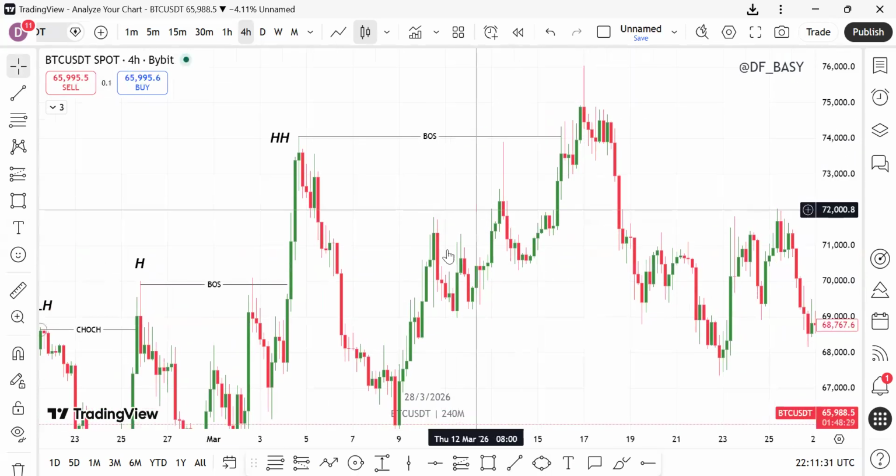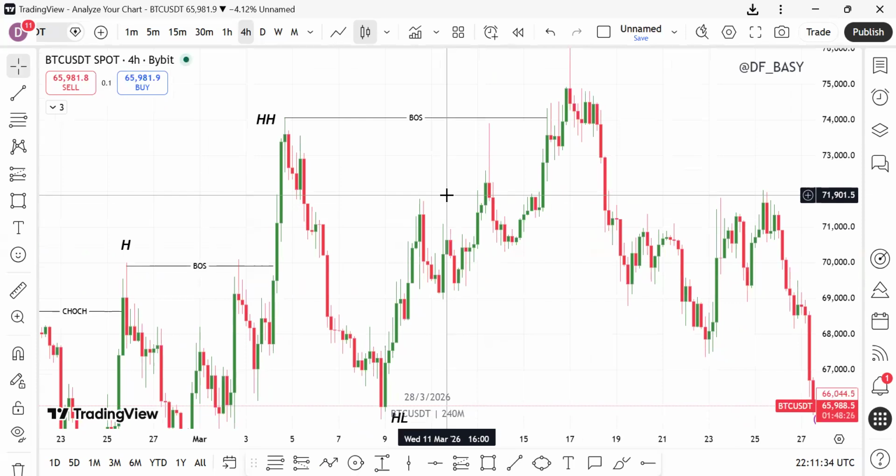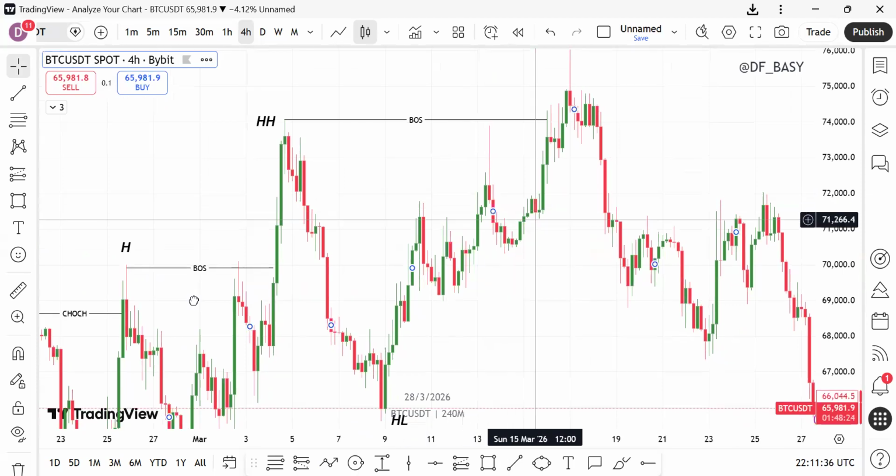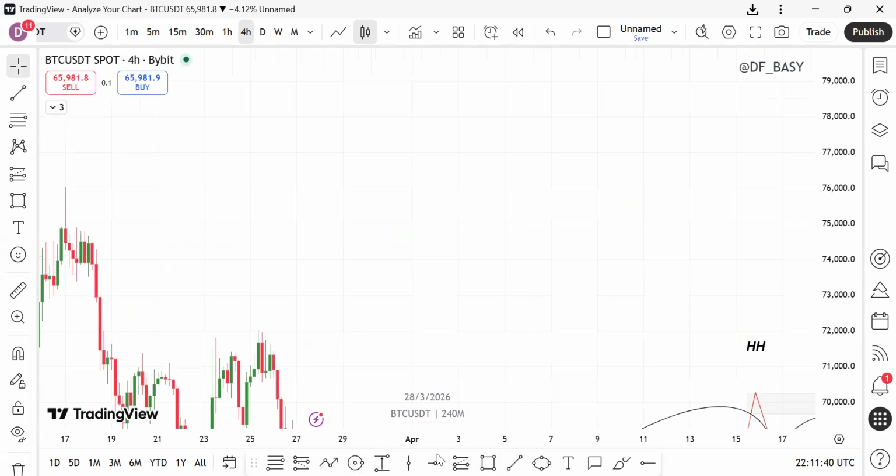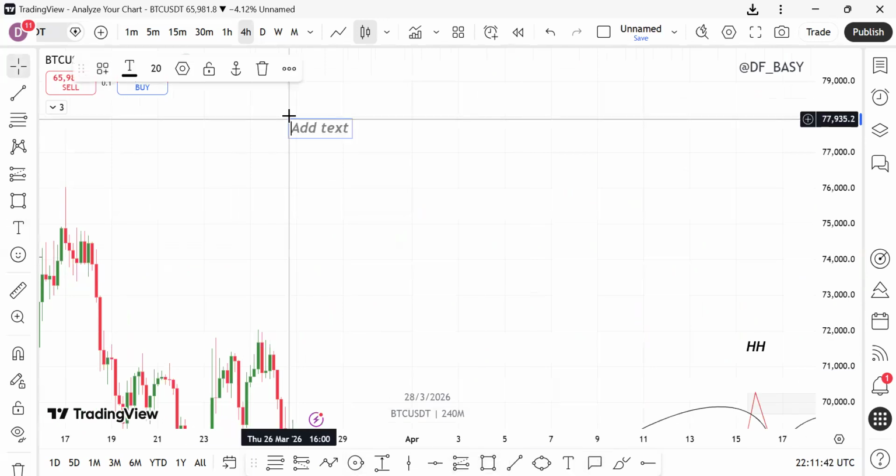So understanding this key concept, the rule for the change of character and the BOS is that the market has to close.